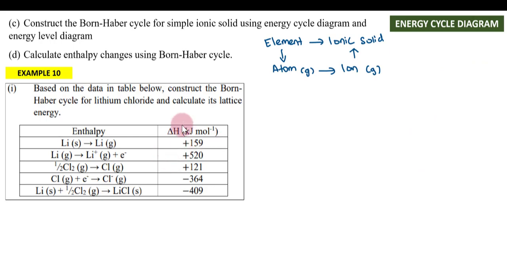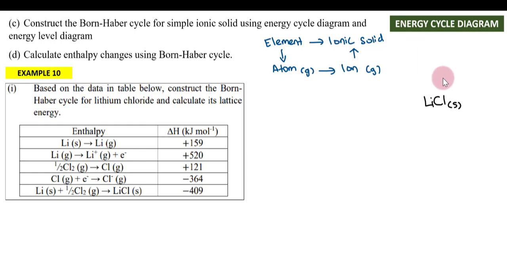So to construct the Born-Haber cycle for lithium chloride, the formation of the lithium chloride solid, lithium is a metal in group 1, and chlorine is a non-metal from group 17. So the formula for lithium chloride is LiCl solid. This is our ionic solid.